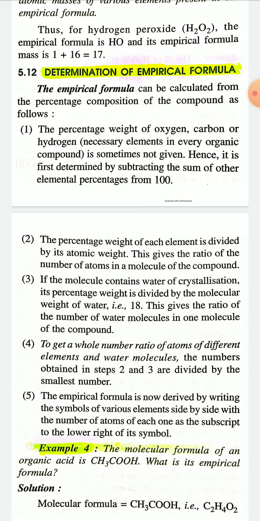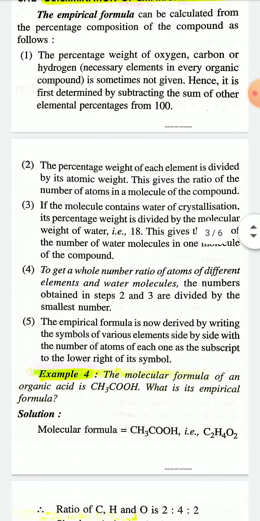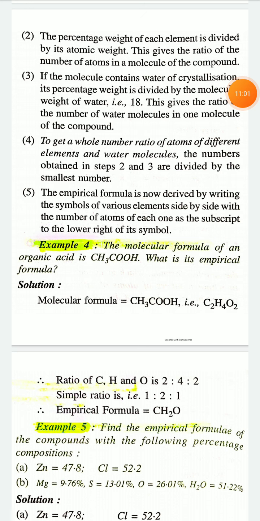And after that, to get a whole number ratio of atoms of different elements and water molecules, the numbers obtained in the second step and third step are divided by the smallest number.